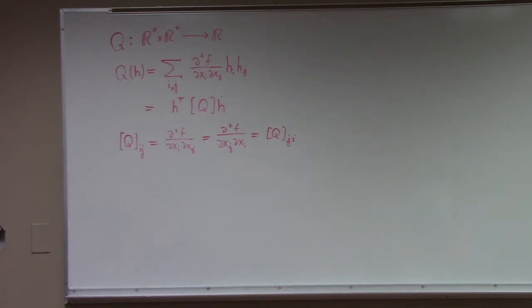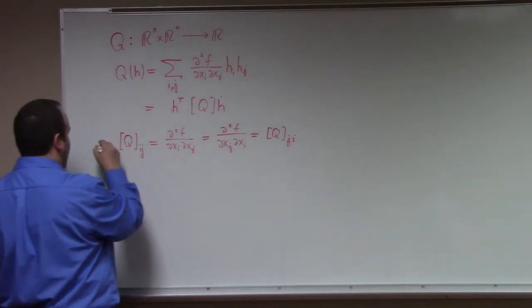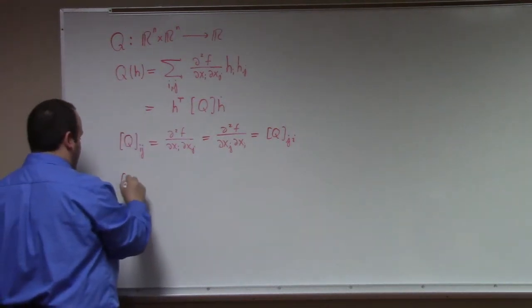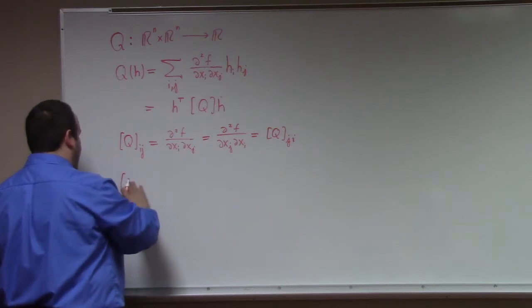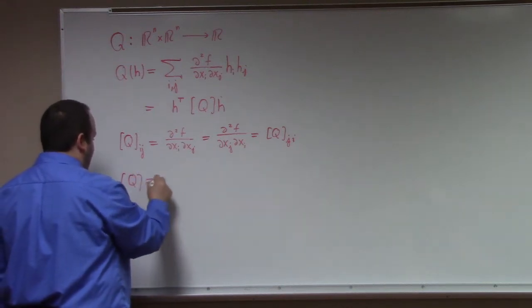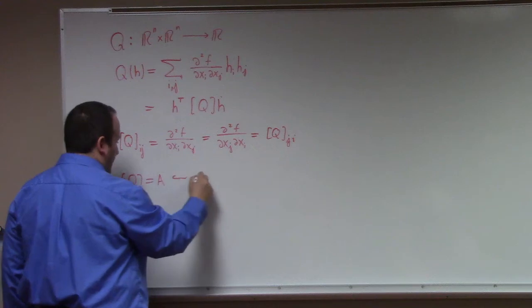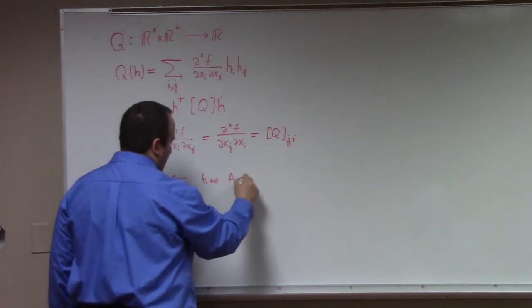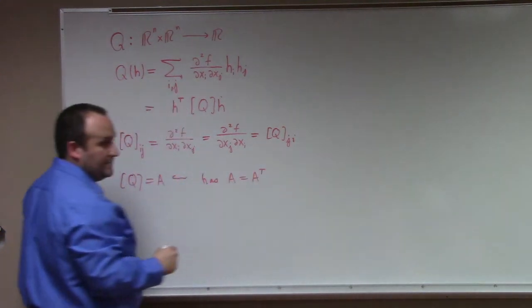Anyway, Qji equals Qij, which is to say that the matrix of Q is symmetric. That means the real spectral theorem applies. So if I give this matrix of Q a name, say A, then A equals A transpose.